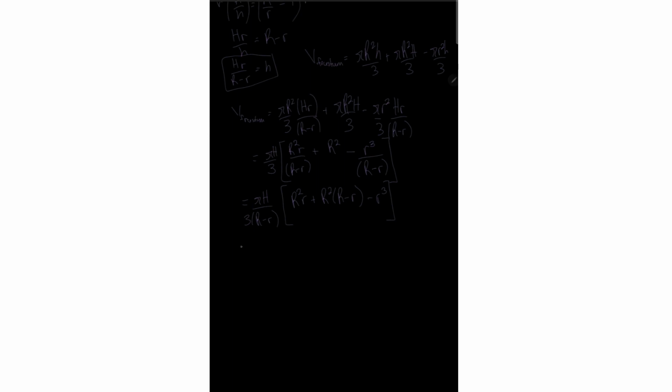So now we can do some more simplifying. Expand that out. Big R cubed minus R squared little r minus R squared times little r minus little r cubed. And so these two terms cancel, those disappear. And now we are left with pi times H times (big R cubed minus little r cubed) over 3 times (big R minus little r).